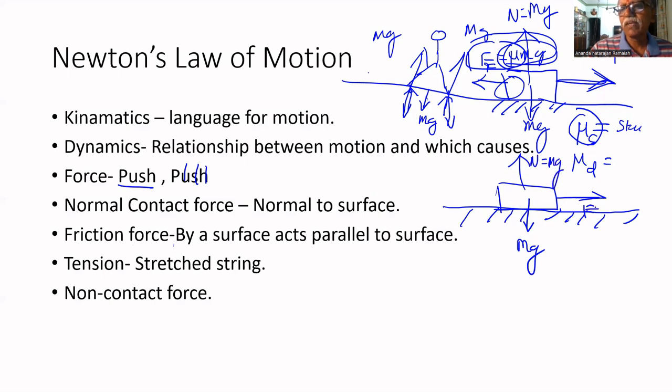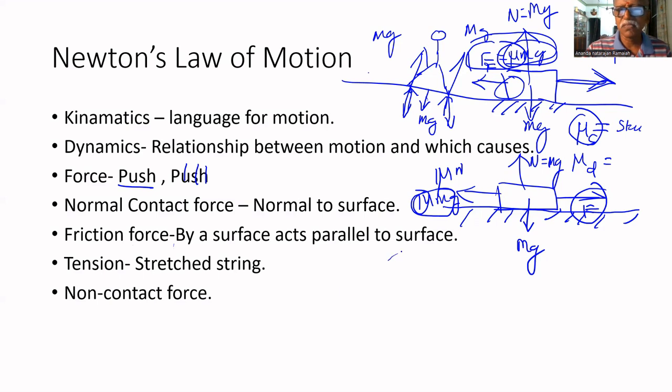If the force is applied rightwards, then immediately an opposite force will act, mu N, equal to mu mg. Even though the force is not sufficient to move this body towards the right, this will still act. That is called static. When the body moves, this mu value is different.